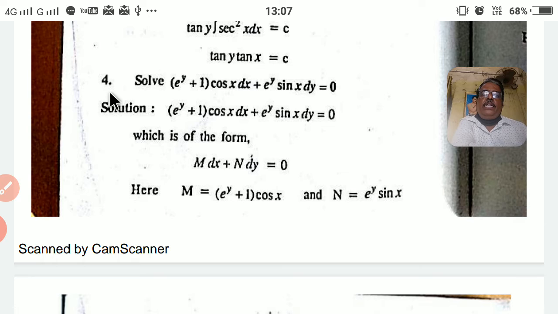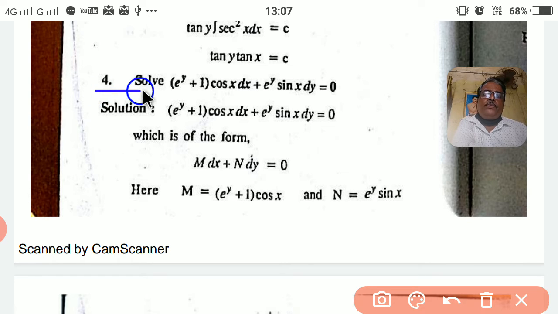Next, similarly we take another equation. Solve e raised to y plus 1 cos x dx plus e raised to y sin x dy equal to 0. Again we compare the given equation with the standard equation M dx plus N dy equal to 0.